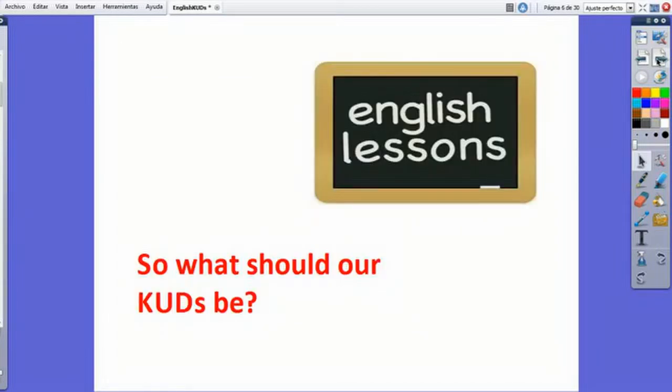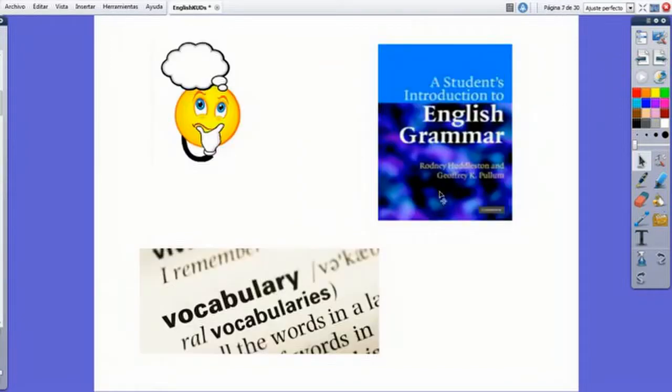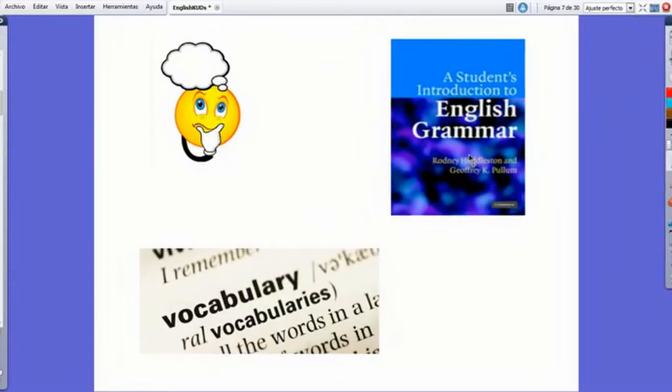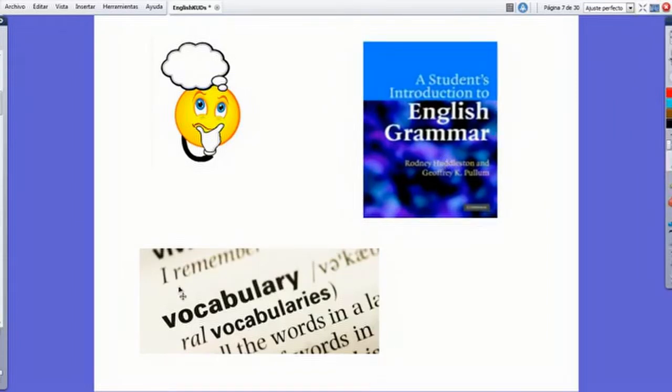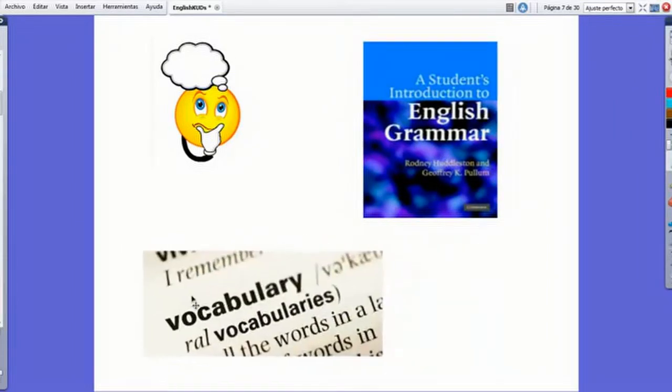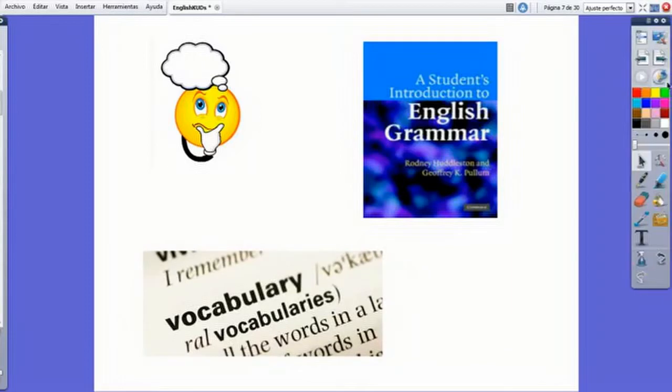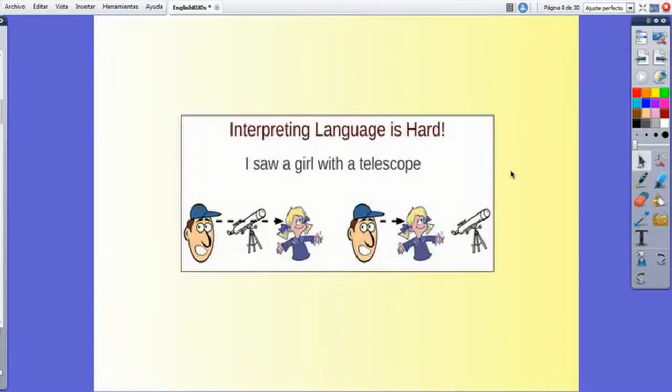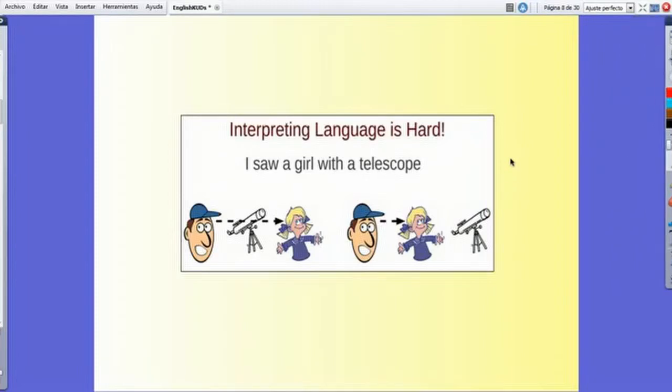So, what should our objectives be in our English lessons? Should we teach grammar or vocabulary, or both? But have a look at this sentence.